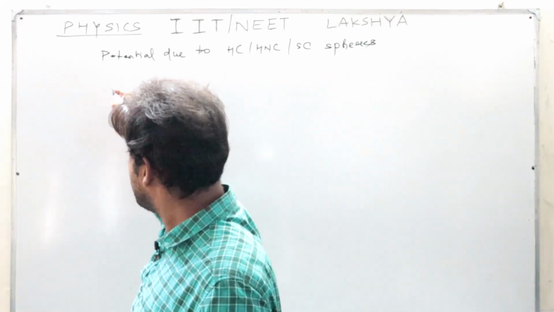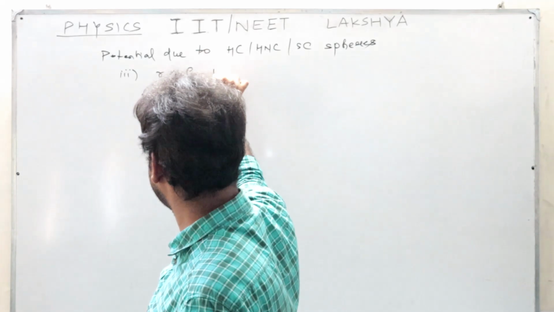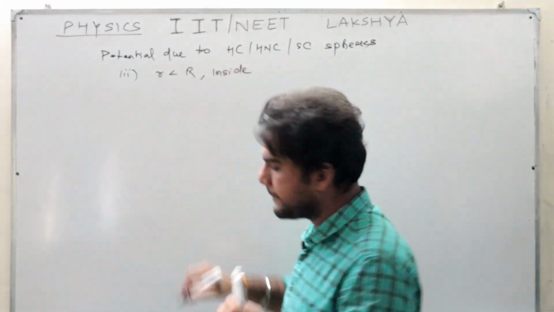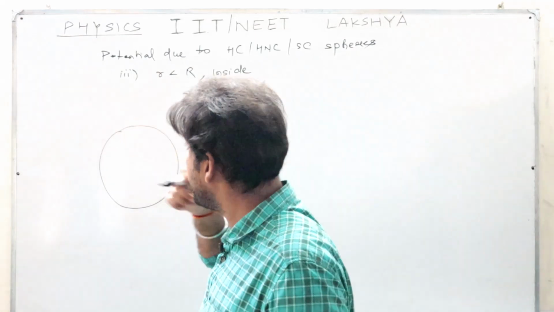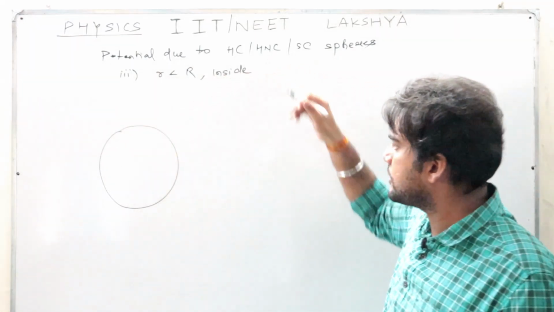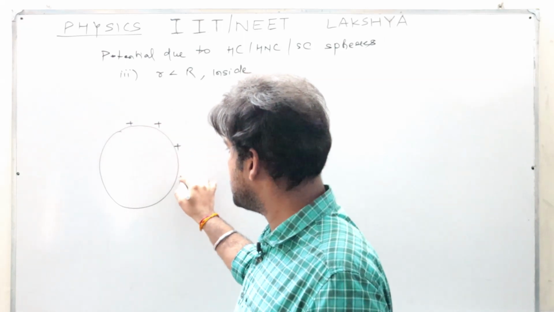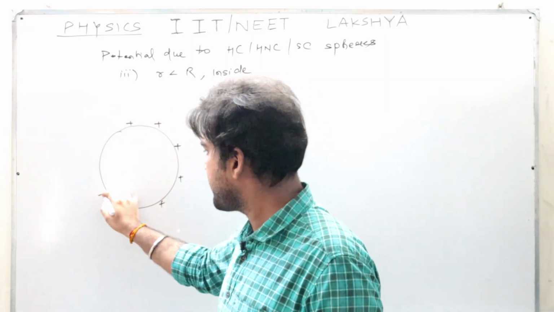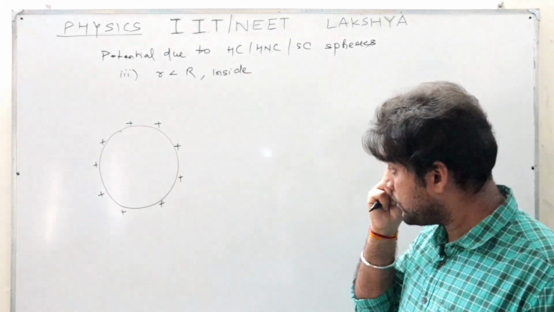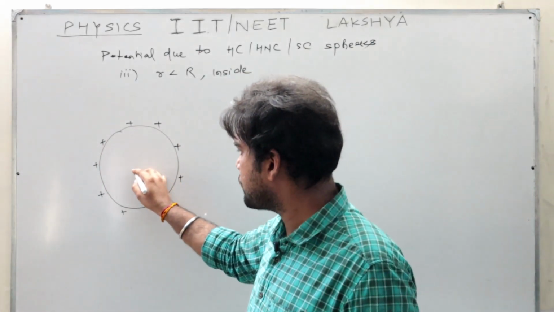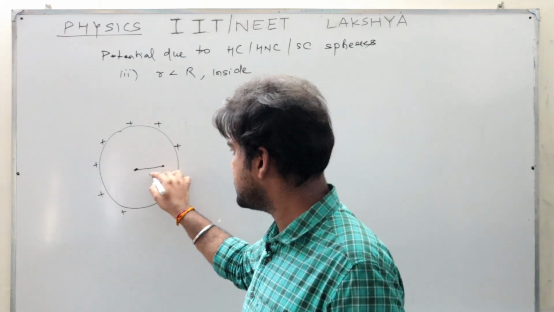So now we need to discuss the potential at a point P inside. Already we have discussed that this is your sphere. It may be hollow conducting, hollow non-conducting or solid conducting. Whenever we give a charge to this sphere, the charge gets distributed only on the surface of the sphere. Now let us say this is the center of the sphere, and somewhere at this point is P, and this distance is r.